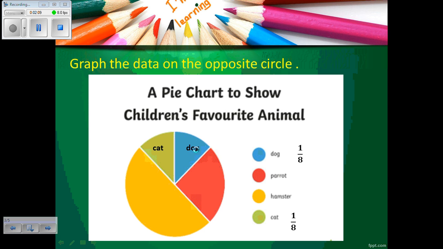So the dog represents an eighth of the circle. The pink part in this pie chart represents a quarter of the circle. So the parrot represents a quarter of the circle. The last part, or the big one, the hamster, or the yellow part, represents half of the circle.